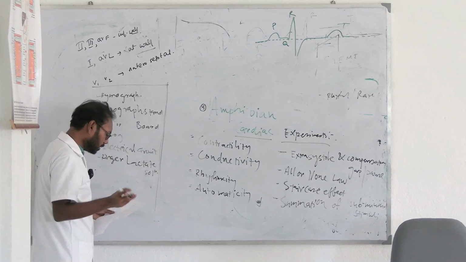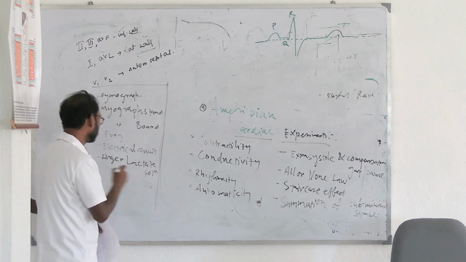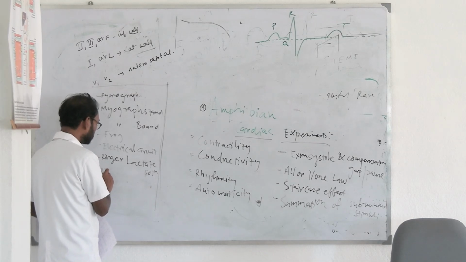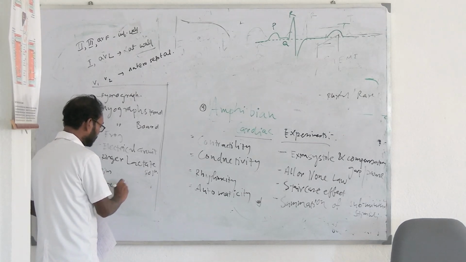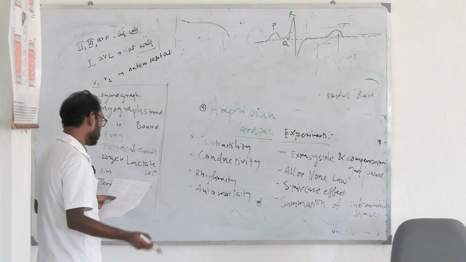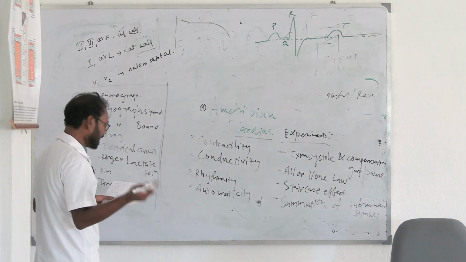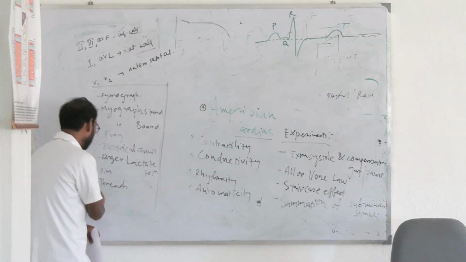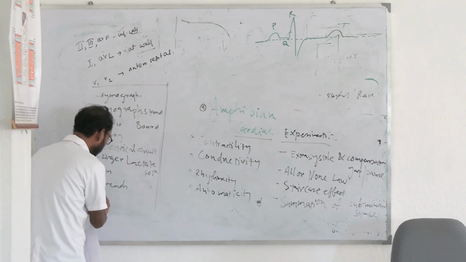We will also be needing pins, threads, write these things down, pins, threads, and also an aneurysm needle or Symes cannula. Write all of these.